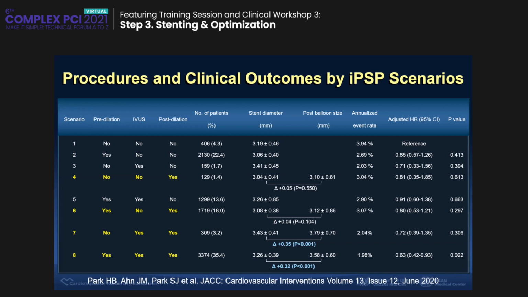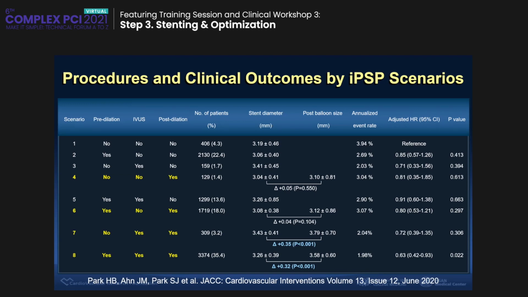Look at group number 4, post-dilation only. The interventionists who do not use imaging did post-dilation and think their angiographic result is excellent.